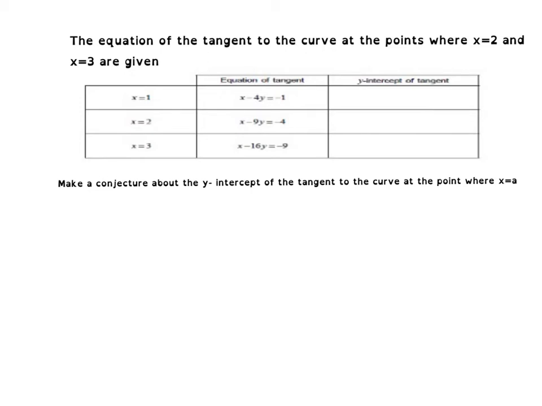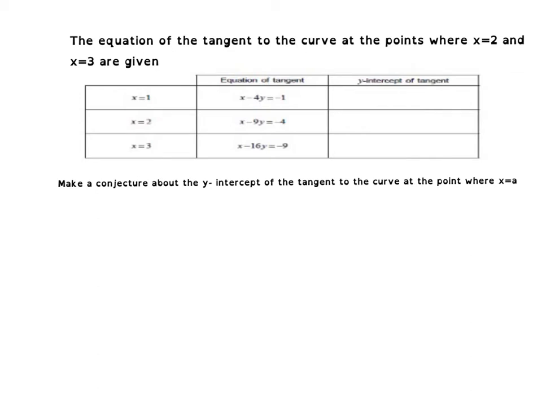For x equal to 1, we have shown the equation of the tangent. For x equal to 2, we didn't calculate, but they are giving us that it's equal to this. For x equal to 3, the equation of the tangent is equal to that.